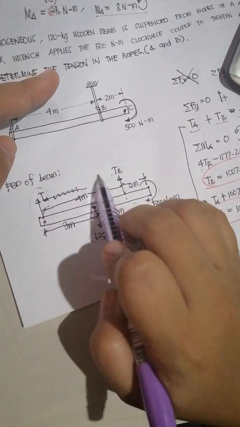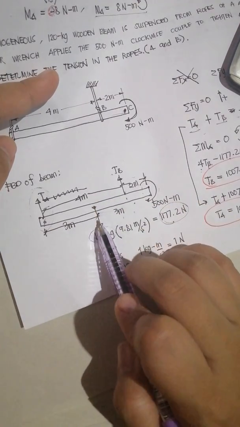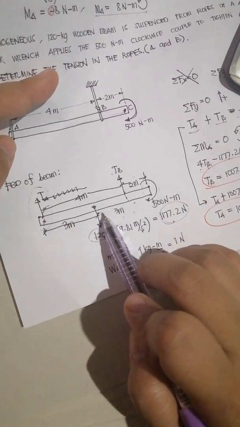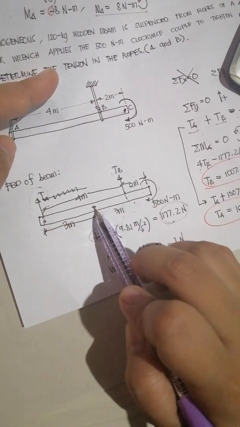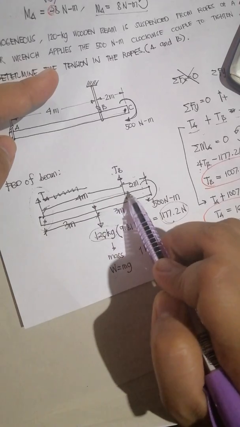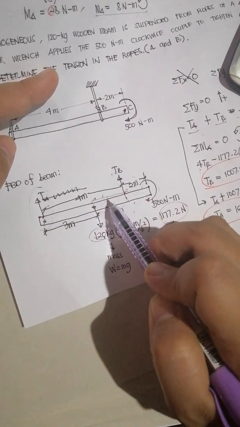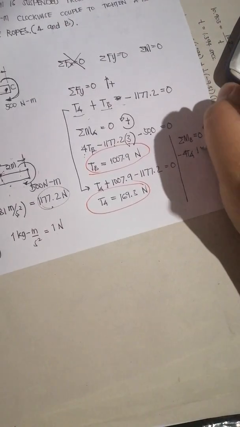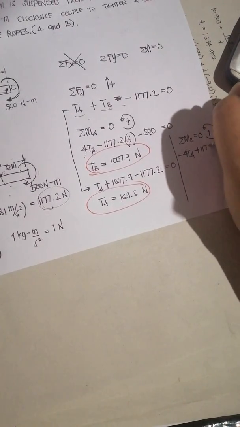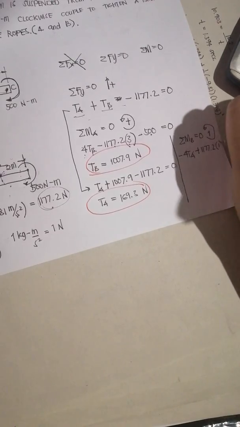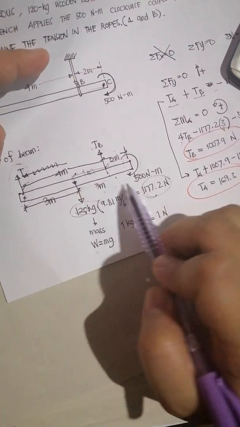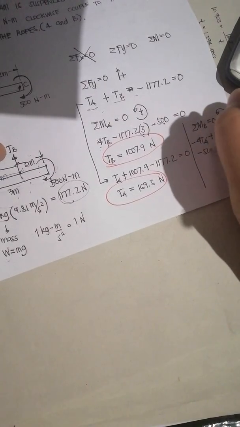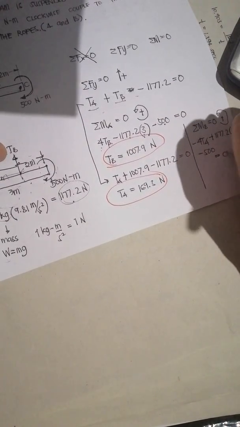Then you have positive for the weight, with distance 3 minus 2, which is 1 meter, so positive 1177.2 times 1. Then the couple of 500 newton meters, which is clockwise, so negative 500. This is equal to 0.